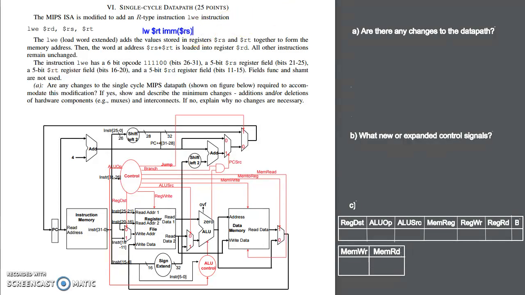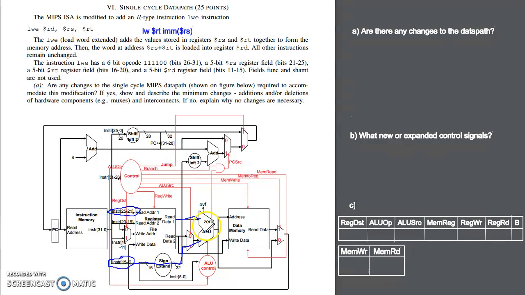So let's see how a regular load word works. You start here with RS. You load RS from your registers, put that in your ALU, and then you take your 16-bit shift amount, run it through your sign extender, so now it's 32 bits, and go through this mux into your ALU.